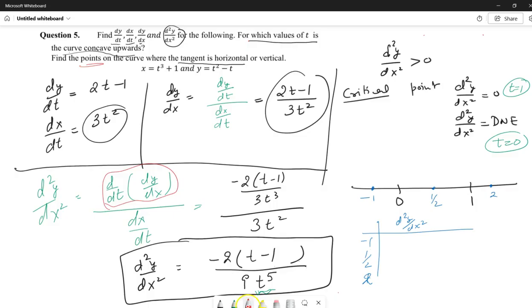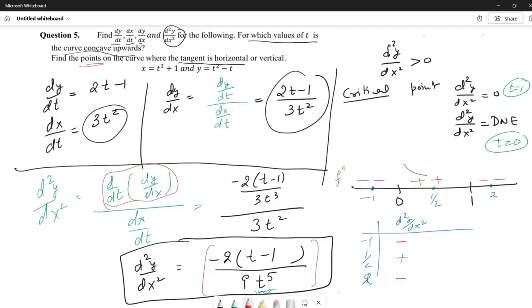When I put negative 1 in the second derivative, the answer is going to be negative. When I put half in there, negative 2 times half minus 1 is negative, and the denominator is positive. Negative, negative, positive. When I put 2 in there, that's going to be a negative number. Therefore, for the second derivative, the sign chart is: at negative 1, it is negative, at half it is positive, and at 2 it is negative.